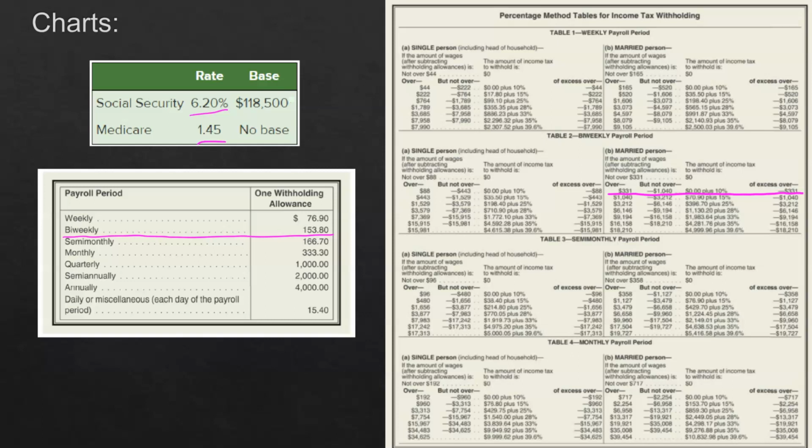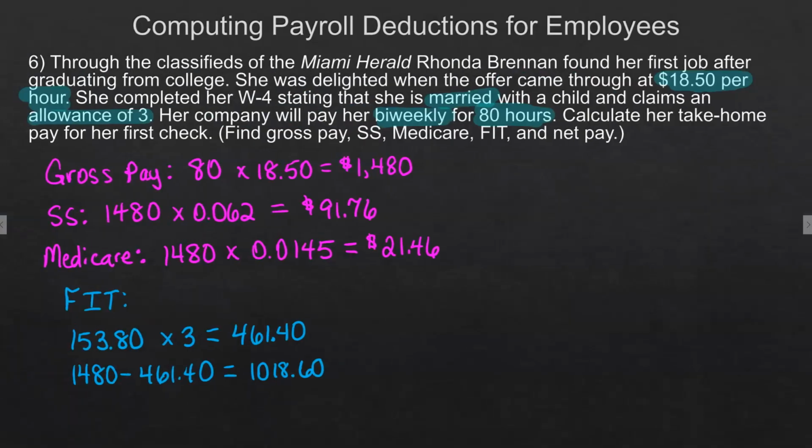So notice it says 0 plus 10% over 331. So she only has to pay a percentage, right? So 0 plus 10% of the amount that's over $331.